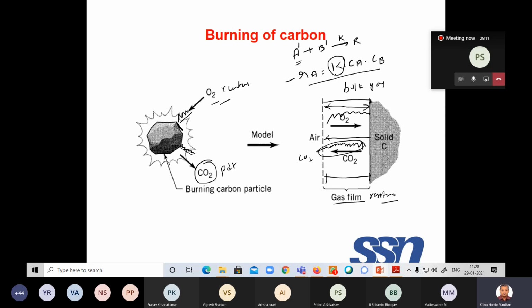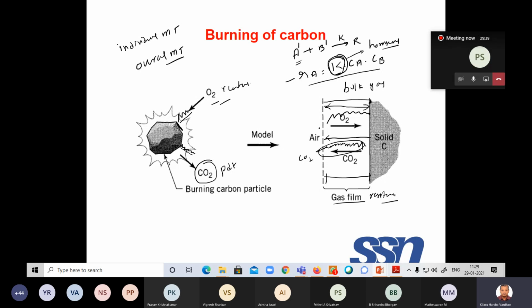So you have to write this k as a combination of the resistances, just like individual mass transfer and overall mass transfer. You know the difference between these two? This is like an overall one, which comes when there is a homogeneous reaction. There is no individual resistance there.